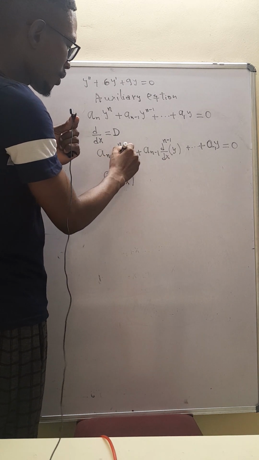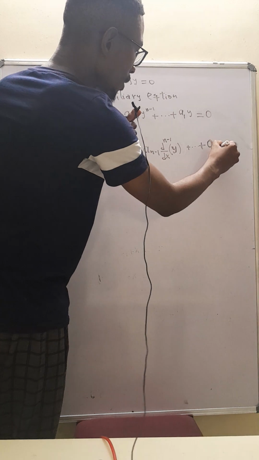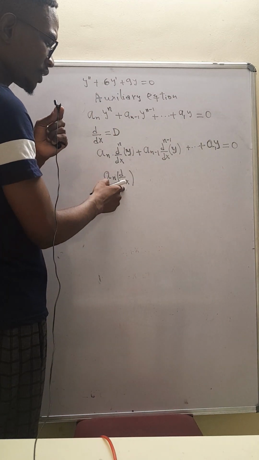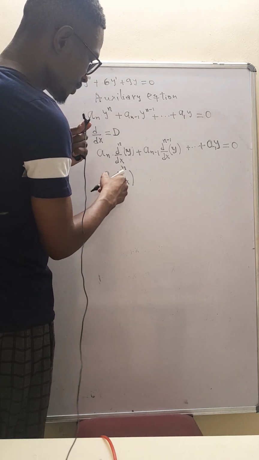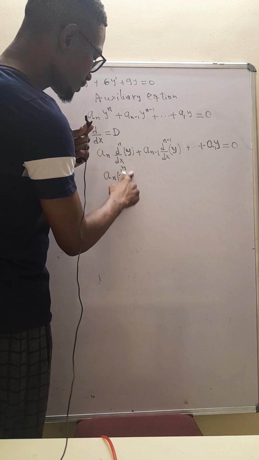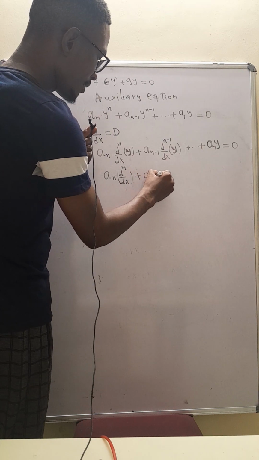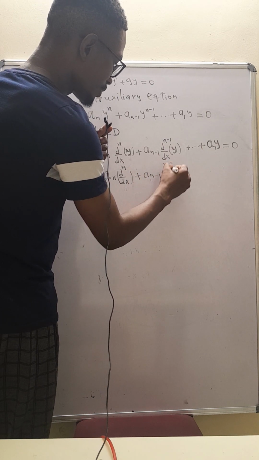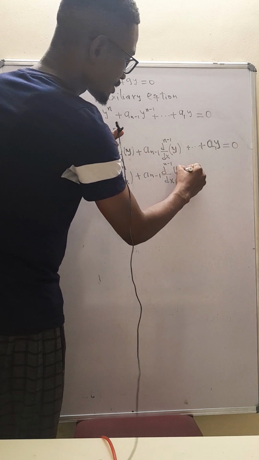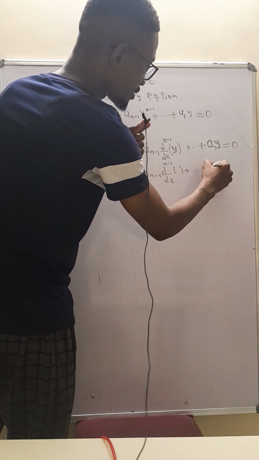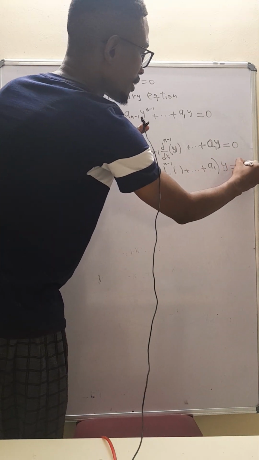If I take y common, I should have an equation like this: the operator a_n D raised to n, plus a_(n minus 1) D raised to n minus 1, and so on, plus a1, all of this multiplied by y equal to 0.